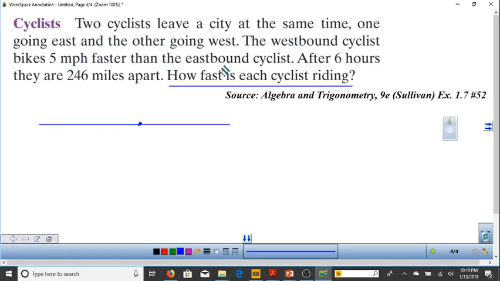So the westbound cyclist, the speed or the rate is 5 plus whatever the rate is for the eastbound cyclist. So let's say the eastbound cyclist rate, let's call that R, which means the westbound cyclist, that rate is R plus another 5 miles per hour.